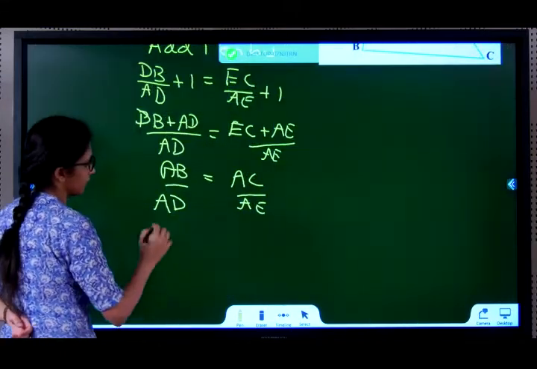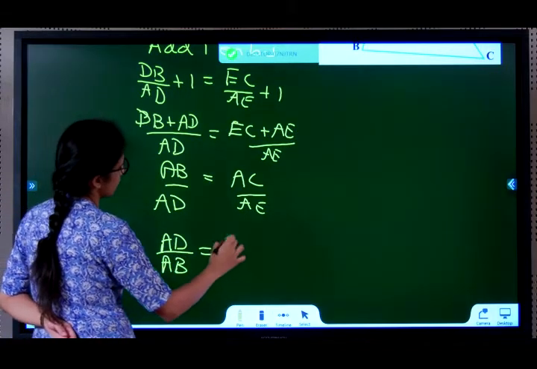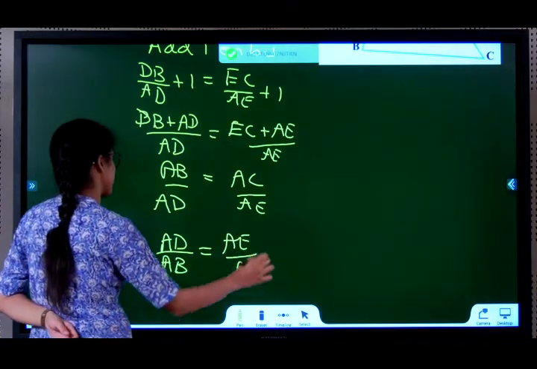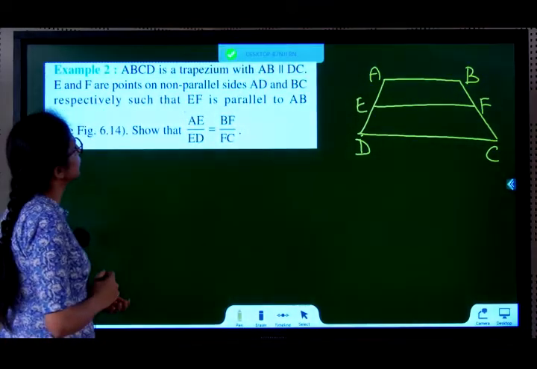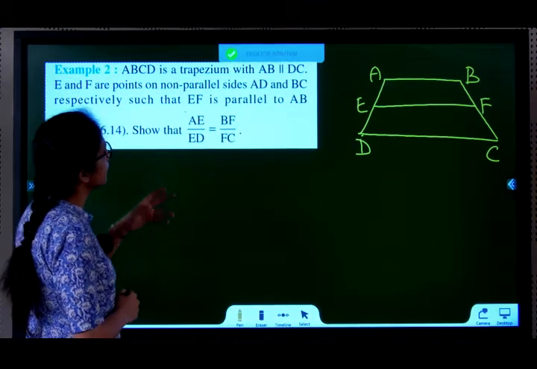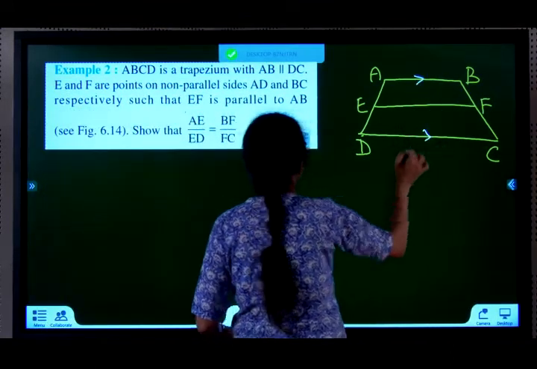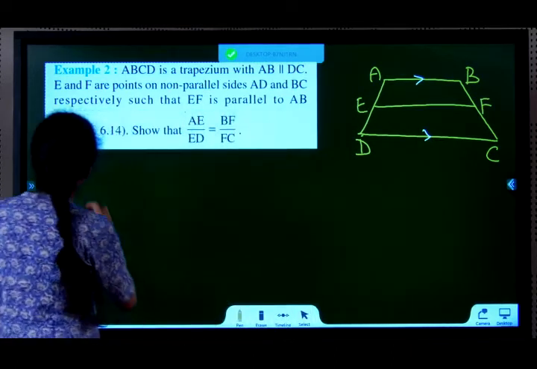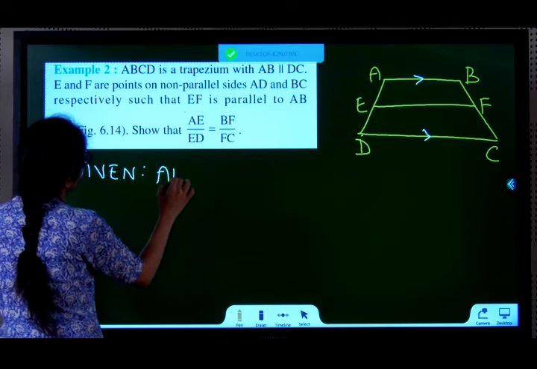Taking reciprocal again, AD by AB is equal to AE by AC. Therefore, you reach this. Example 2: ABCD is a trapezium in which AB is parallel to CD. So, it is given AB is parallel to CD.